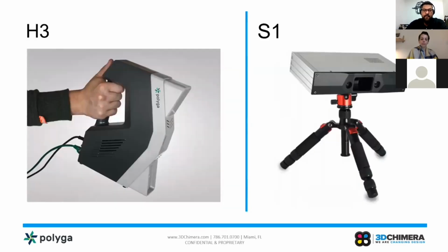So usually when we're talking with folks who are just starting out with 3D scanning, the H3 or the S1 is really where the conversations are focused. Either you're looking for that extra precision at a lower cost, and that's where the S1 makes sense, or you're looking for a handheld scanner that gives you crazy precision, and the H3 tends to be the favorite at that point.